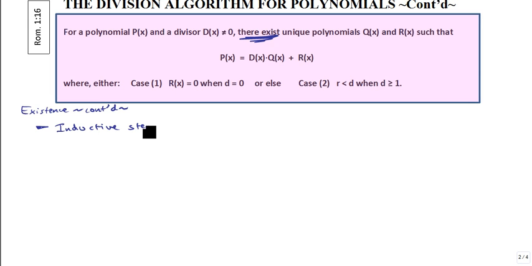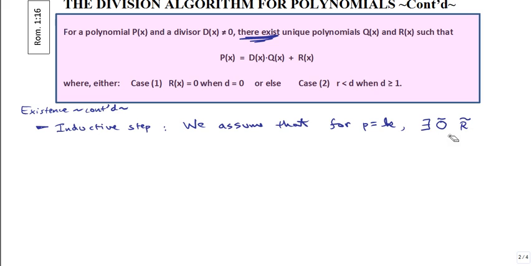And at the inductive step, throughout this step, we're going to assume that for some p equal to k, there exists a q tilde and an r tilde.